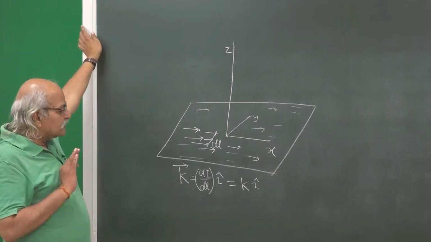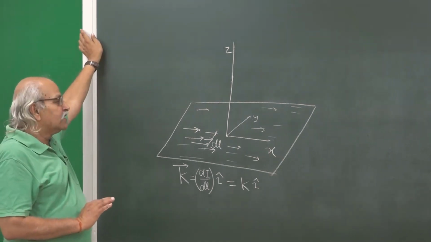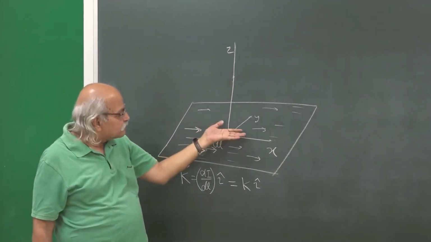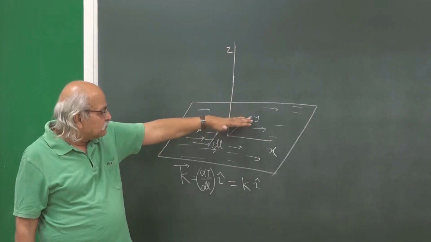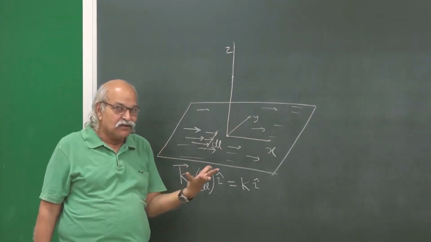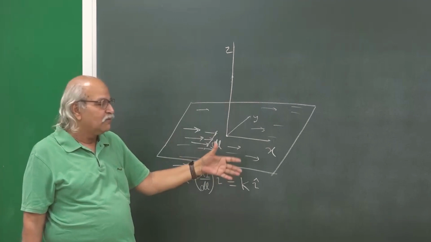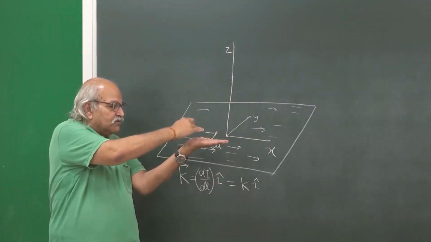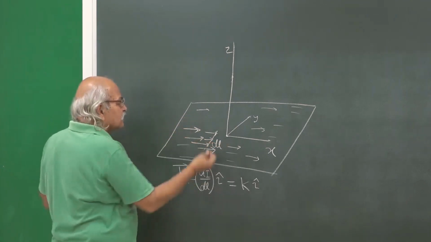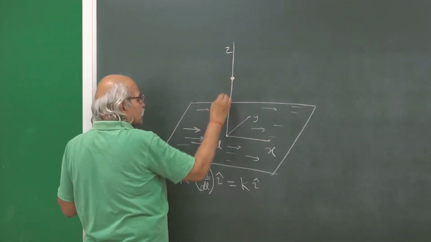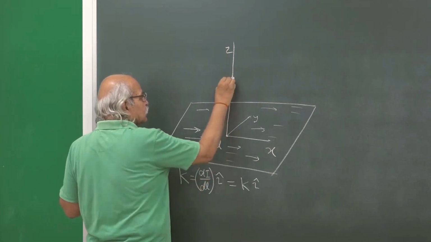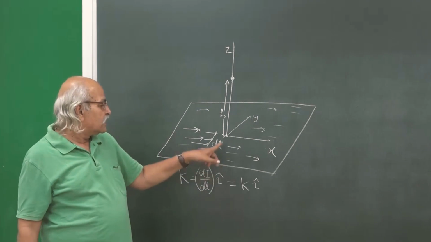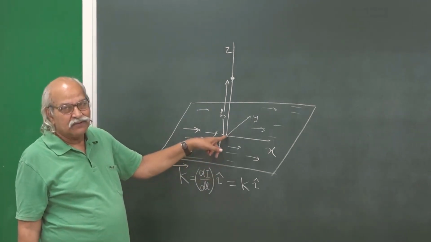So, this is our current distribution, and then we need the magnetic field at a point above this plane. Remember, I am using the word above because my board is vertical, my xy plane is horizontal, and therefore I am talking of a point above this plane. So, let us say somewhere here at a distance h from the plane, and any point I can take as origin.